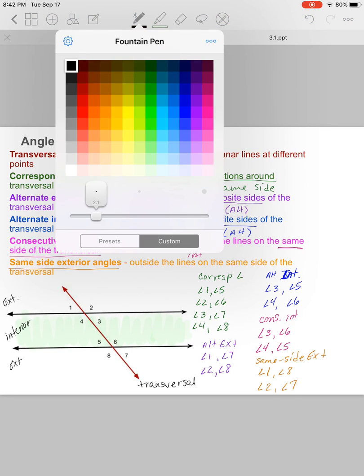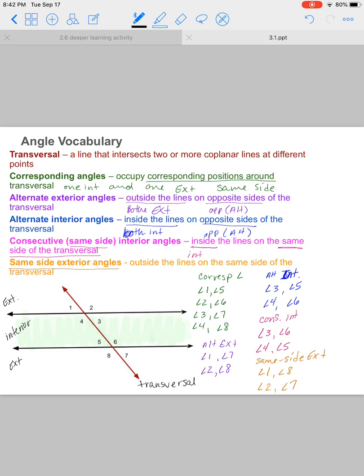One thing that you do need to be careful with here is that you don't forget about vertical angles and linear pairs. Each line has 2 sets of vertical angles and each line has 4 sets of linear pairs.